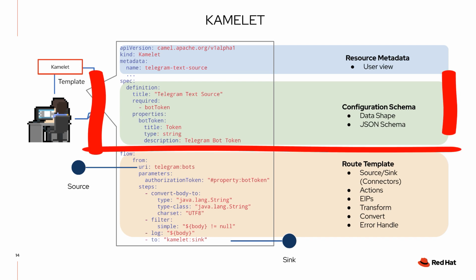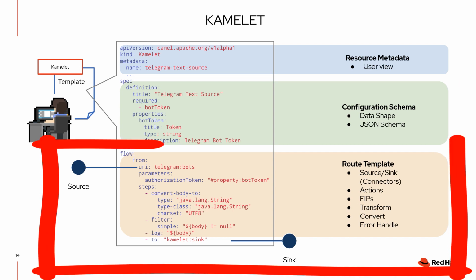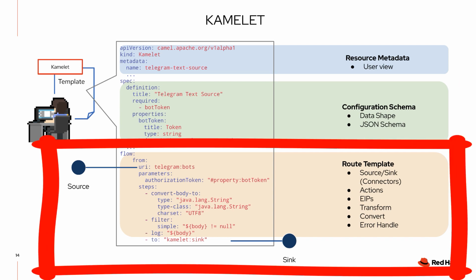And then you would have to specify the data shape. For instance, what kind of variable you're configuring in this particular Kamelet, right? So what kind of data you're receiving, what kind of variable you're expecting, right? And once you get that figured out, then we go to the meat of the Kamelet, which is defining the behavior of this template. So basically, as you can see, it's in the form of Camel routes.